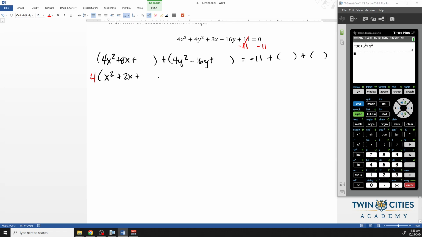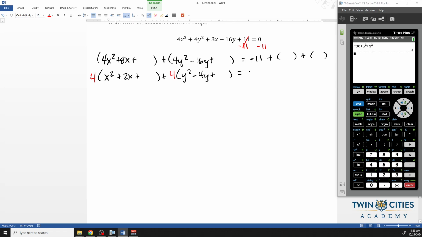Plus this blank spot. I'm going to do the same thing for the y parts. Factor out the 4. And you'll have y squared minus 4y plus this blank. Now note, because I pulled out a 4 here and I had this blank spot, I've also got to do that to this blank spot for the x's on the right side of the equal sign.